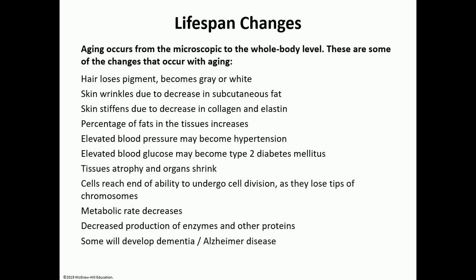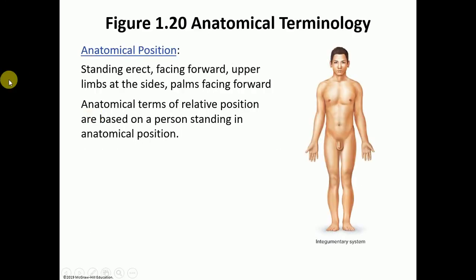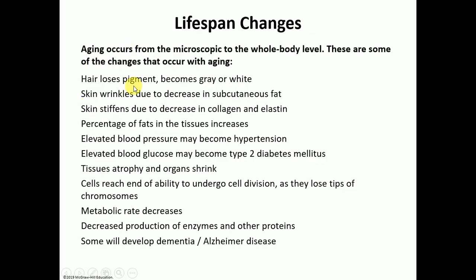The skin starts to lose some of the subcutaneous fat, which is the fat underneath the skin, and that will lead to skin wrinkling. We start to lose collagen and elastin, which are two different proteins found in our skin, and they help the skin remain soft. So as we lose them as we age, the skin starts to stiffen.